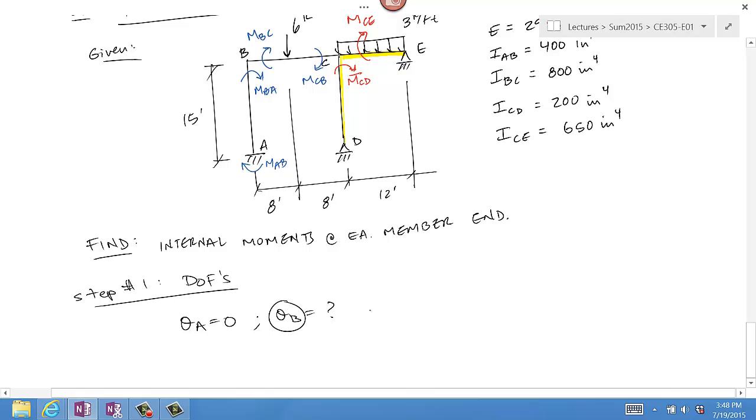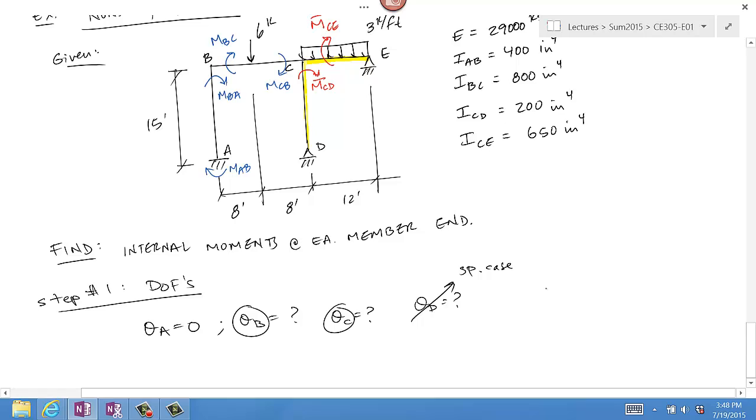Theta C is an unknown. Theta D is unknown, but it's at a pin end. It's a special case, so it drops out. It's not considered. Same thing for theta E. That's an unknown, but it drops out because of span CE being a special case span. So we are limited to theta B and theta C.